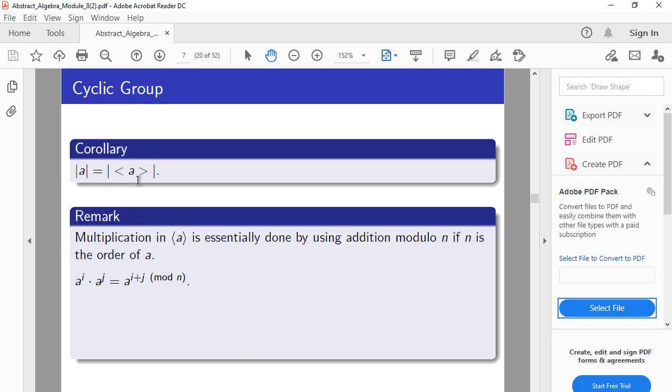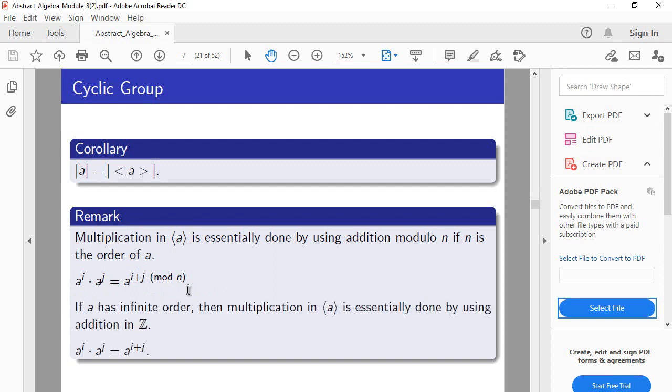I want to finish this video by making two remarks: that the multiplication in the subgroup generated by A is essentially done by using addition mod n if n is the order of A. That is, what I mean by that is, if I am multiplying a to the i and a to the j, that's the same as a to the power i plus j mod n.